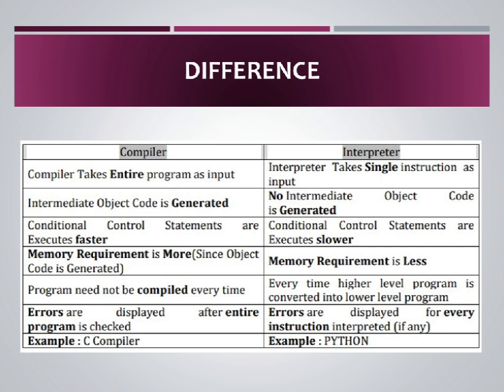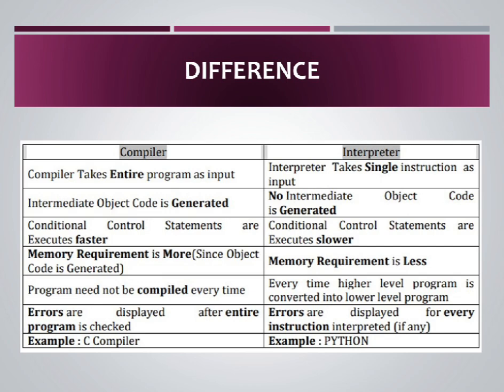Conditional control statements execute faster with a compiler because it executes in the form of a block, while an interpreter is slower. Memory requirement is more for a compiler because object code is generated, and less for an interpreter because it interprets the code line by line.